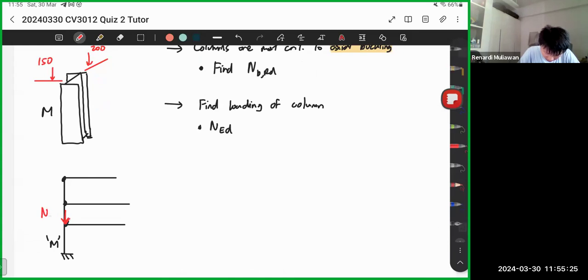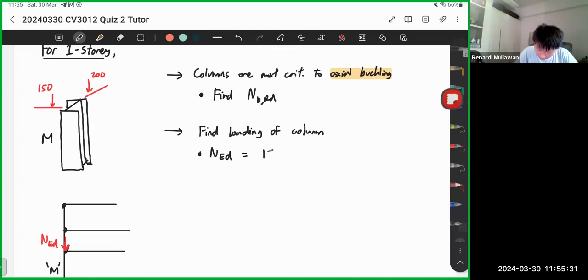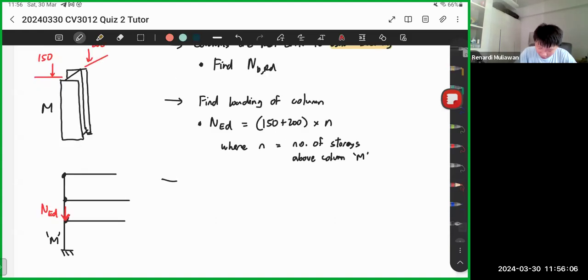NED is just 150 plus 200, which is the loading by the beams and by the slabs, arguably. So 150 plus 200 times N, where N is the number of stories above column M. So that's the loading of the column.